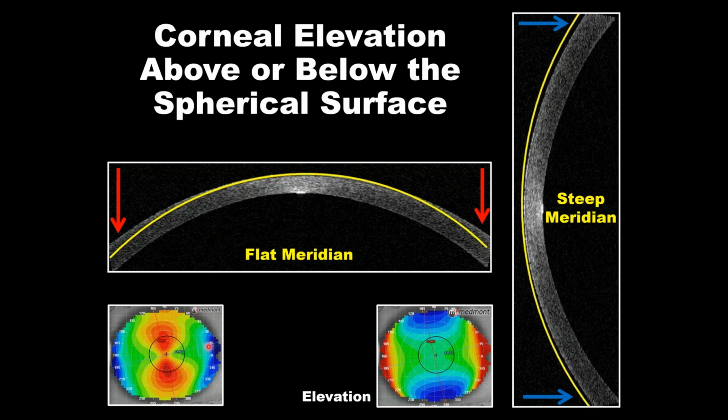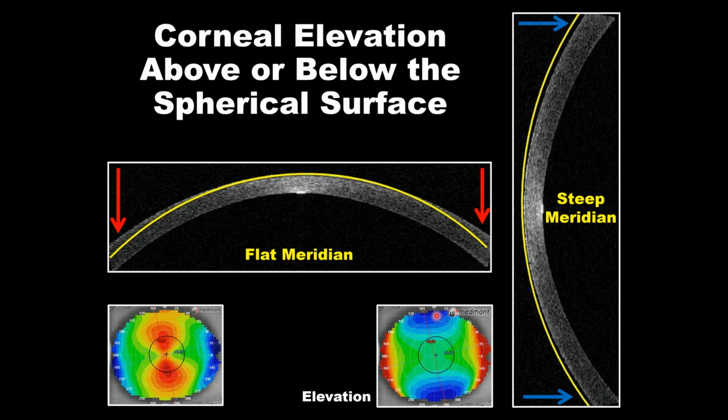So whenever we look at an axial topography, we can say the flat meridian is where the lens should bear the heaviest. But the elevation map really tells us the definitive story. Yes, the flat meridian is where the eye elevation is the highest.